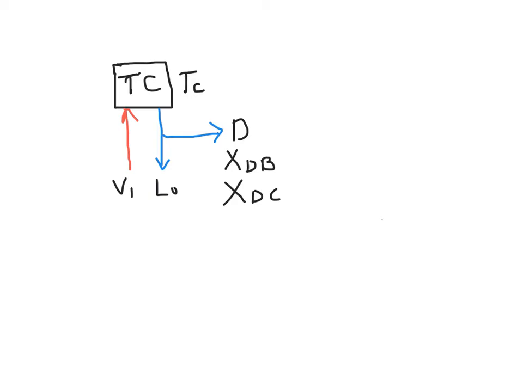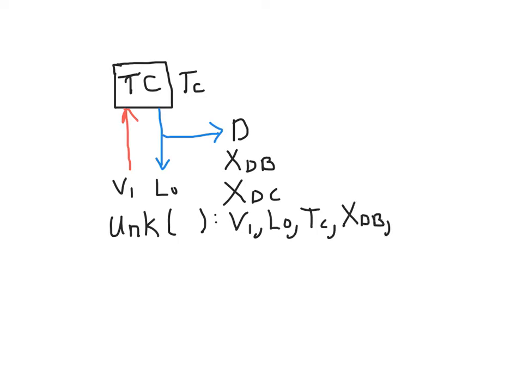So as we look at our degree of freedom analysis, we have our unknowns, and we'll have a certain number of those. We have V1, L0, TC, XDB, and XDC.